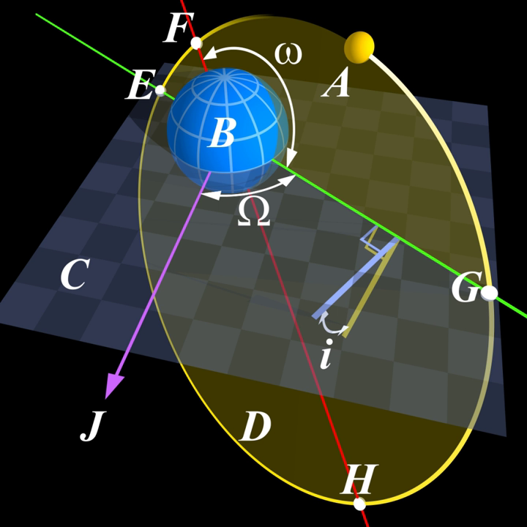True anomaly would be arctan of ry over rx, and the magnitude of r would be the square root of r·r. Topic: True anomaly θ.